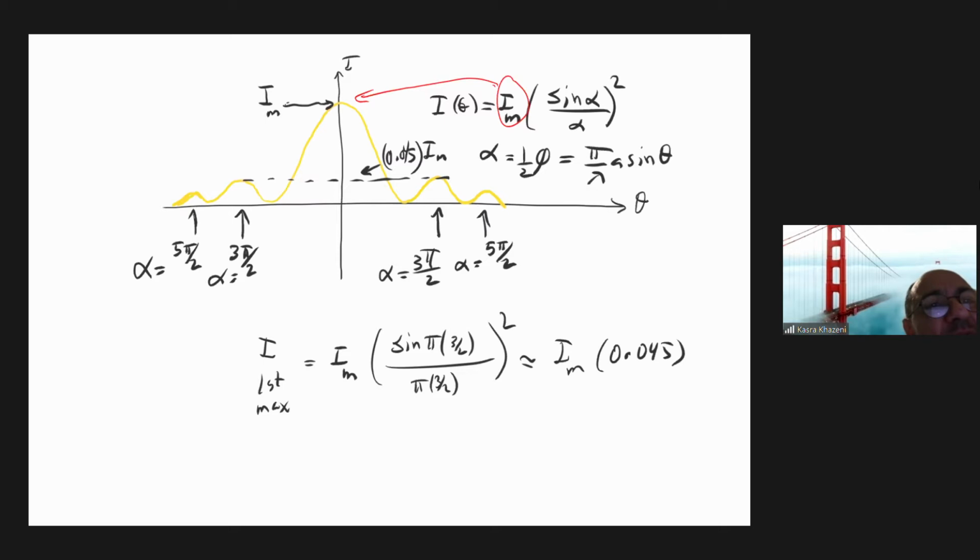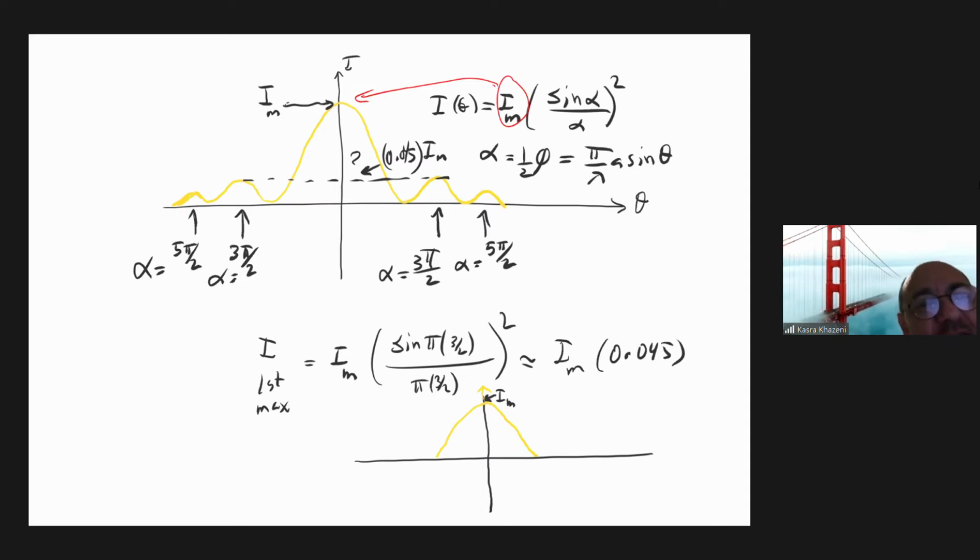So the actual thing would look something like this. If this is the maximum at the center, if this is Im right here, which is what that equation says, the second one's only, you have to multiply that by 0.045.